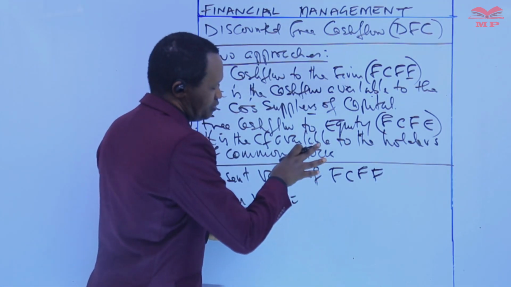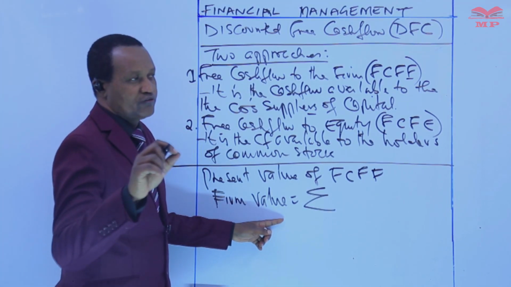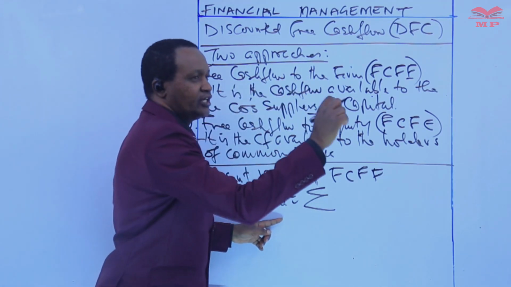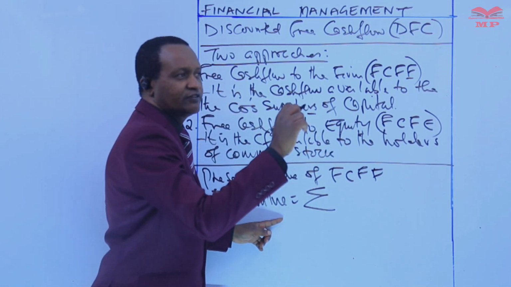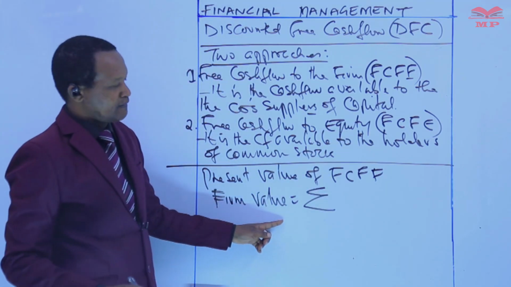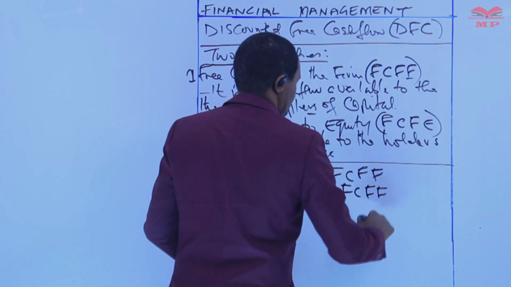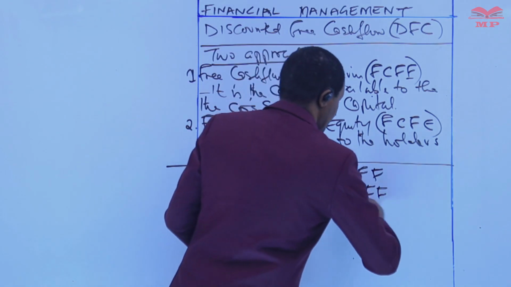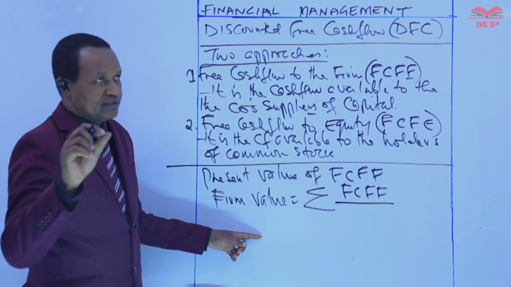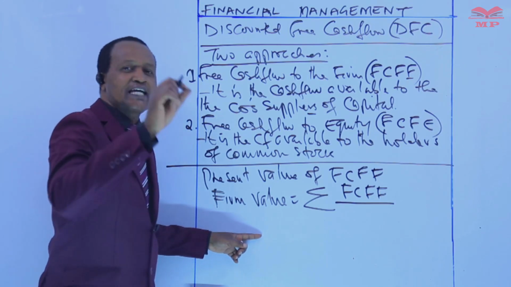Let me now put it in the form of a formula. We are going to take the future cash flows for the firm and discount them by dividing, using the weighted average cost of capital as a discounting rate.